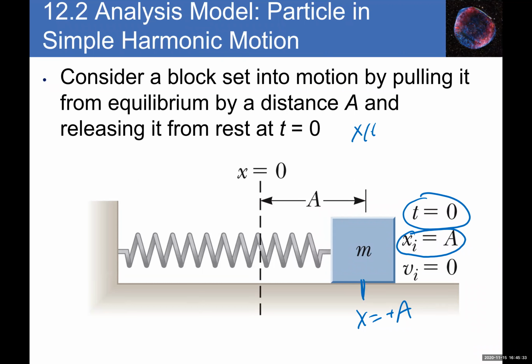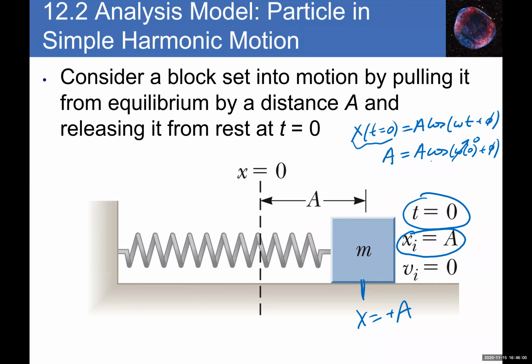Again, that's why I can say x at t equals 0 equals A cosine of omega t plus phi, which means the left side of the equation is basically A, because that's what x initial is. So then this is equal to A cosine of omega times 0 plus phi, because t is 0, right?